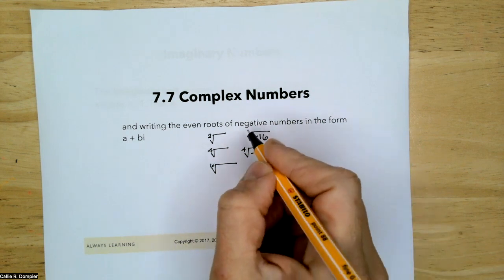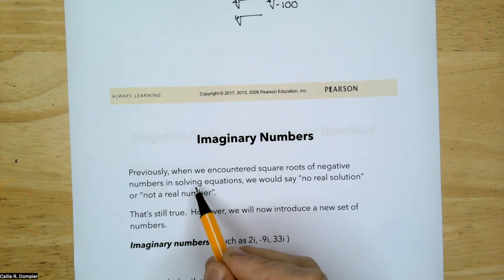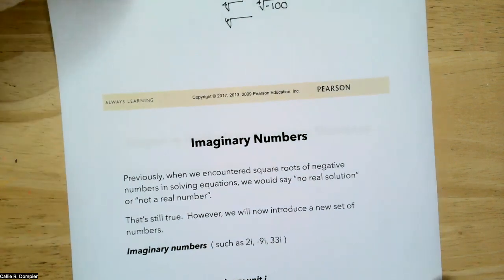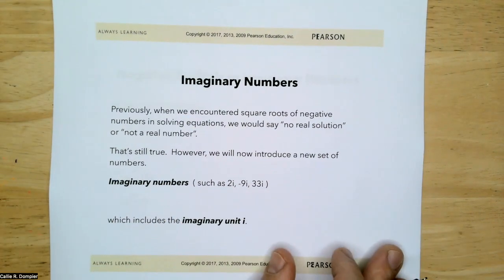Okay. Usually, when we encounter square roots of negative numbers, we would say there's no solution or not a real number as our answer. That is still true. There are no real solutions of the square root of a negative number.